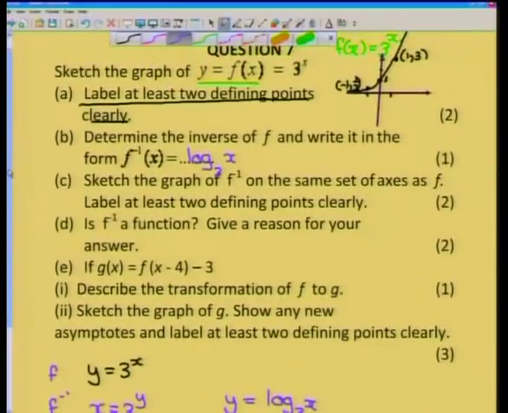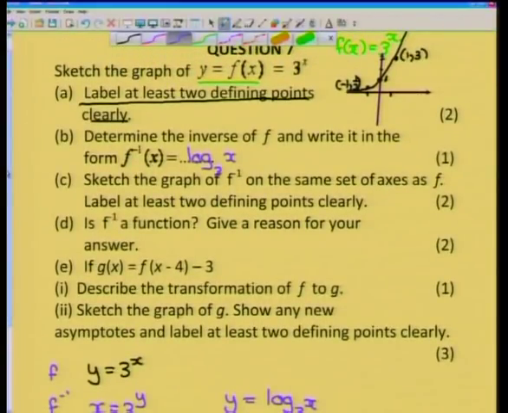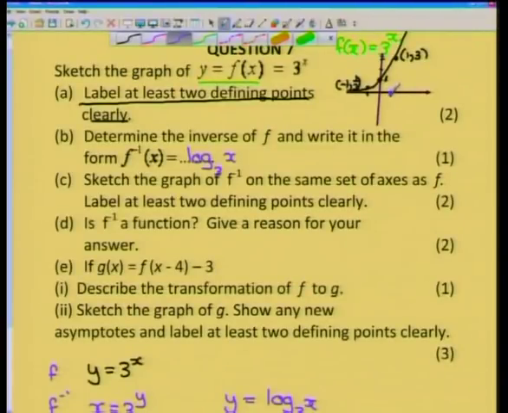Right, the next question says, sketch the graph of f to the minus 1 on the same set of axes as f. Label at least 2 defining points clearly. Now, obviously, you can go and work out new defining points, but why do that? Just use the ones you found for 3 to the x and turn them around. So let's go here. We know that that'll be 1 and that'll be 1. That's not defining.